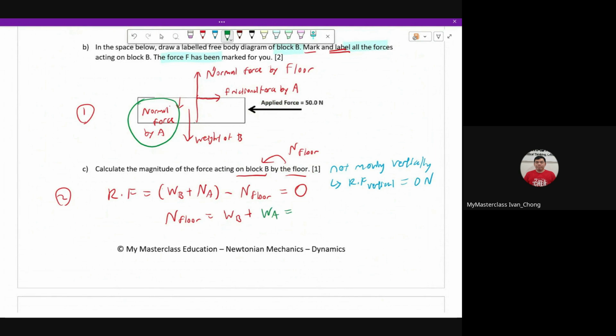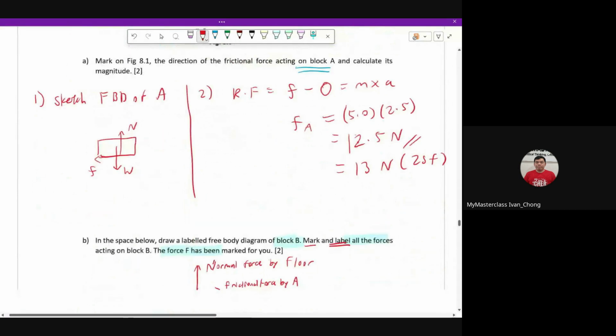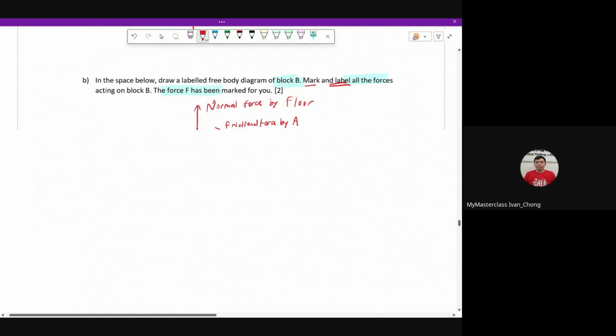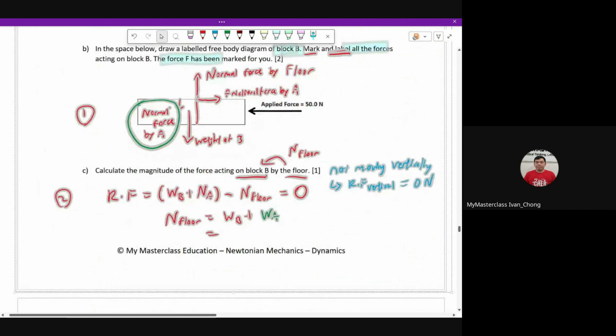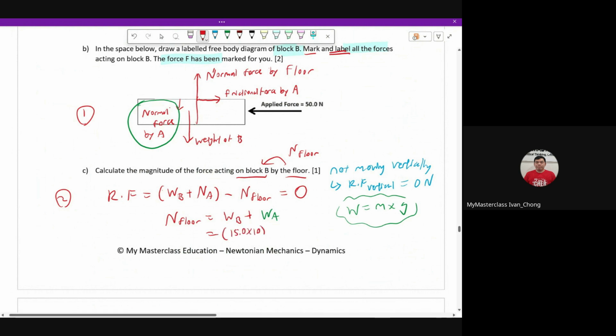Okay. So now all we need to do is put in the numbers. Now, what is B? B is 15 kg. So what we need to do for both of them is W equals to mg. Okay, so for those who don't remember, W is m times g. So what we want to do is 15 times 10, and this is 5 times 10.